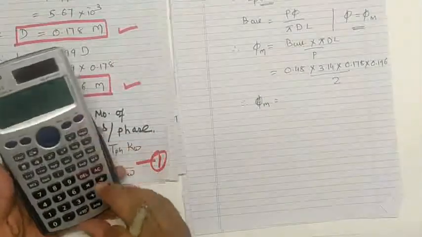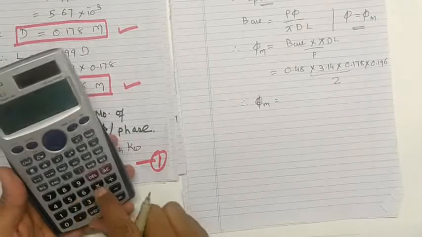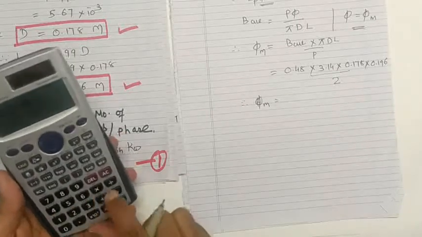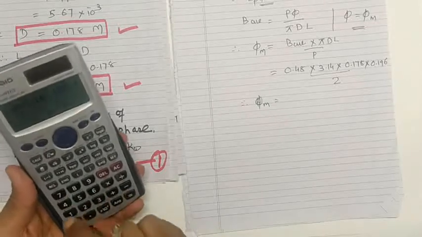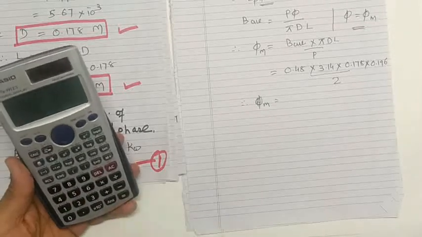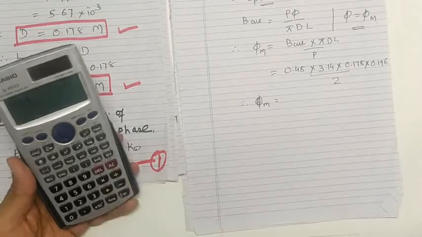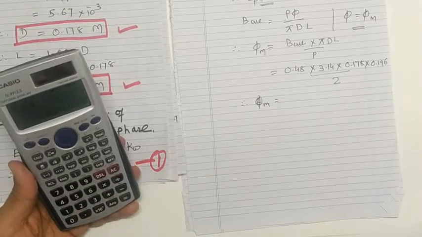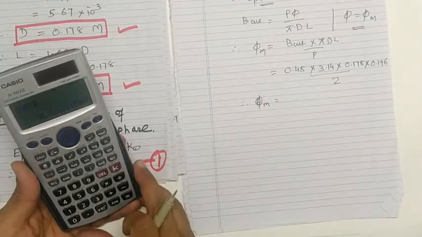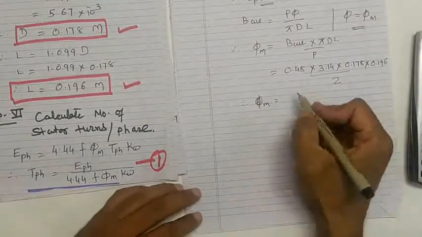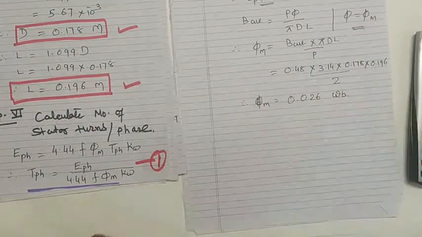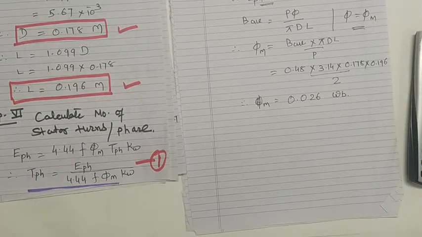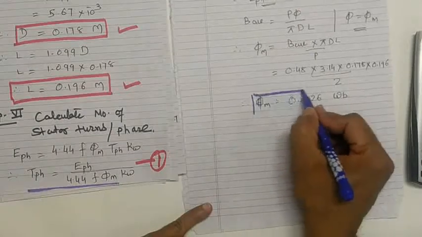So flux phi is 0.48 multiplied by 3.14 multiplied by 0.178 multiplied by 0.196 divided by 2. So it comes to 0.026 Weber.